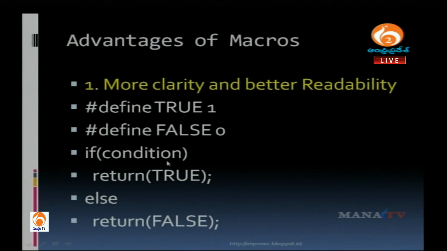If the condition is true, return true, which means 1 is returned. If the condition is false, 0 is returned. Here true is more readable and clear, instead of writing 1 and 0. It gives clarity and better readability whenever you use macros.